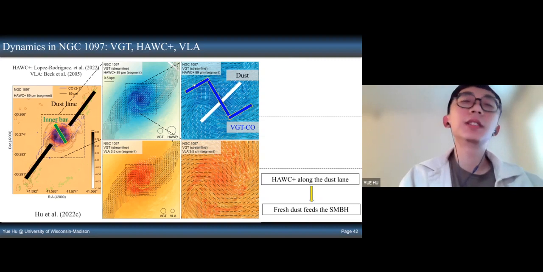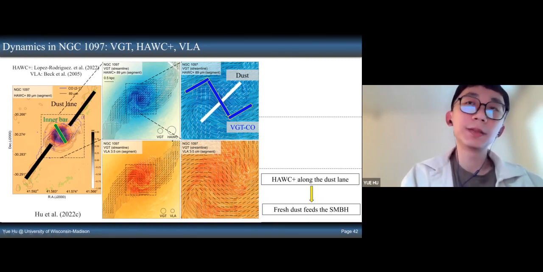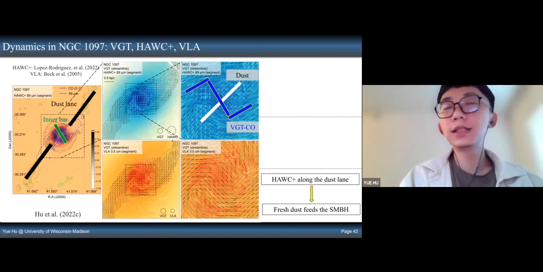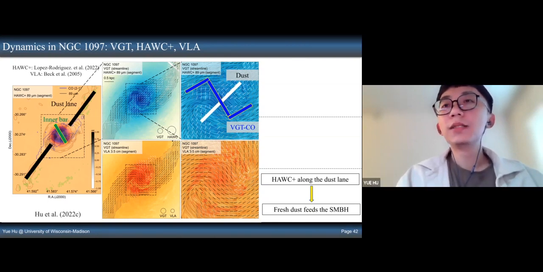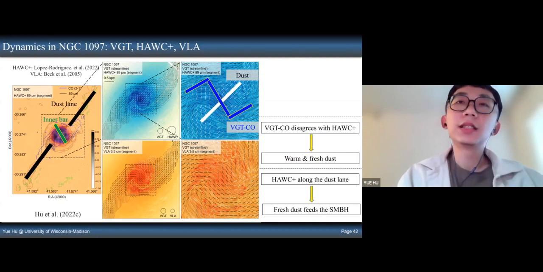And that is not expected because CO is tracing cold gas, and the dust is also expected to trace the cold gas or cold dust. So this disagreement actually means the dust has higher temperature. They are not tracing the same spatial position as the CO emission.